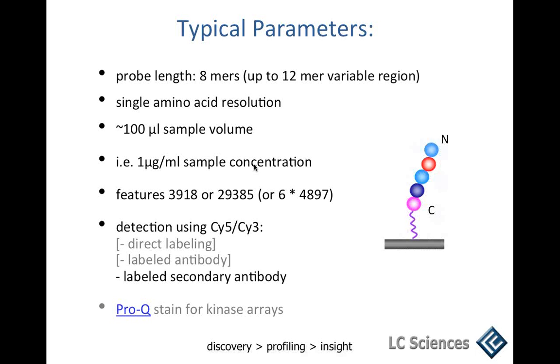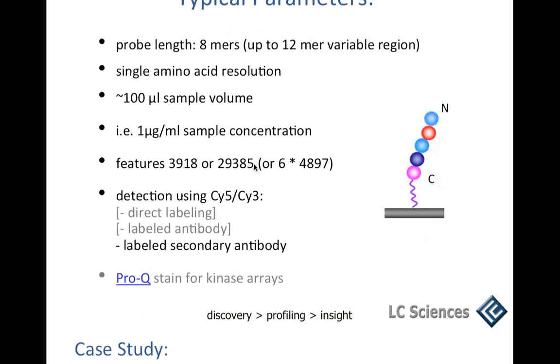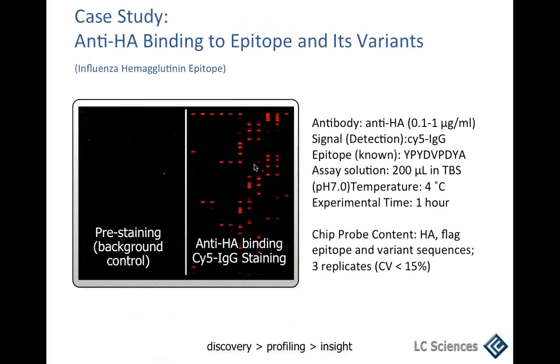And as mentioned, a brief case study. So the following experiments were all done basically to validate the platform. We looked at the anti-HA binding epitope, which is the influenza hemagglutinin epitope, and we used 2 chips to look at this.